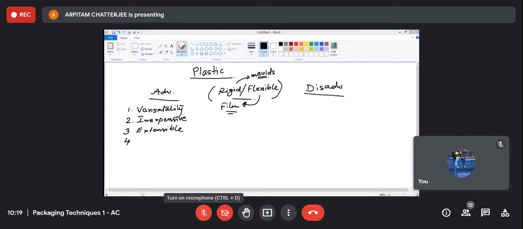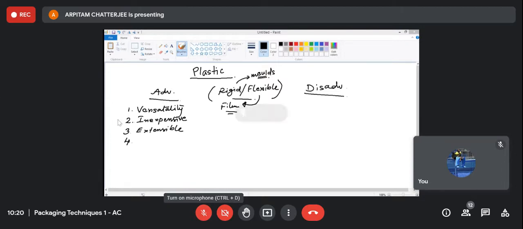It keeps on decomposing, and due to this decomposition, many unwanted materials keep on adding to your actual product. You may also find, say for example, if you keep a fruit in a plastic bag for a very long time, a particular smell comes out. Why does it happen? Because plastic causes a bit of migration from the material to the product that you are going to use or consume.